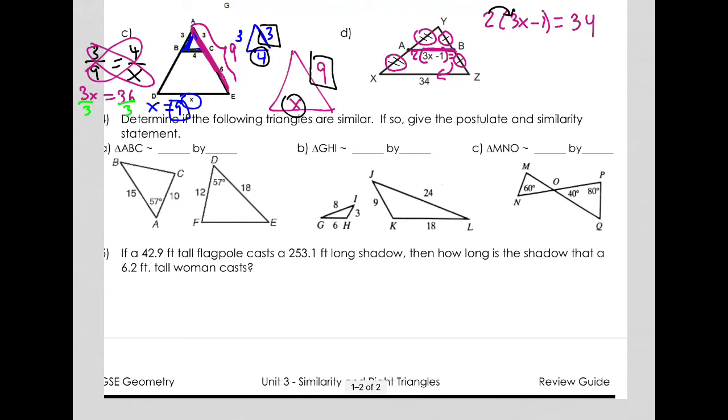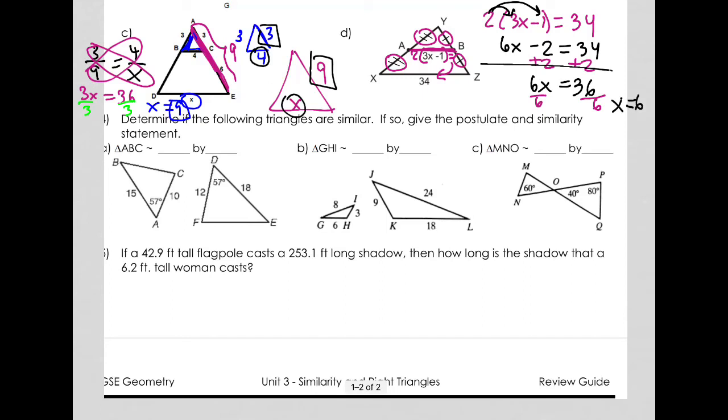We have 6x minus 2 equals 34, and then if we add 2 to both sides we get 6x equals 36, and then if we divide by 6 we get that x equals 6.